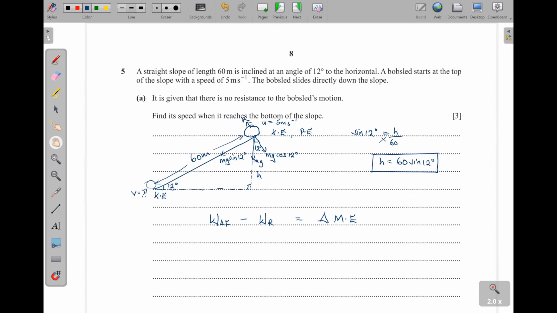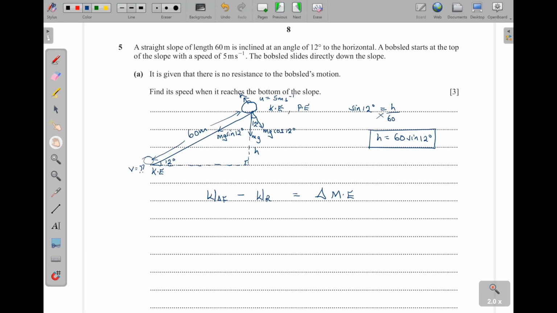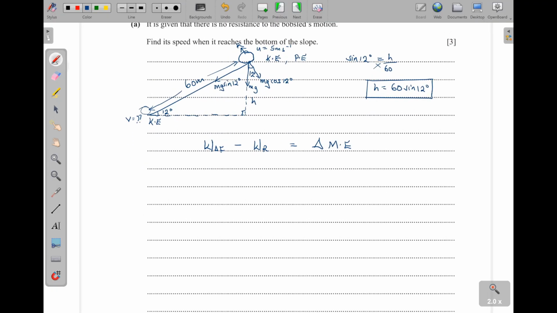Because they said a bobsled starts at the top of the slope with a speed of 5 meters per second. The bobsled slides directly down the slope, so we don't have the force that is applied to take it down. It is not this mg sine 12 when you are using this energy method.